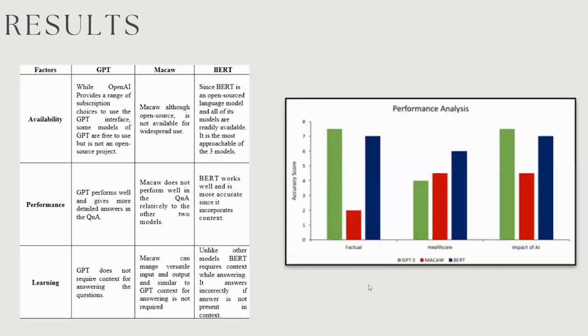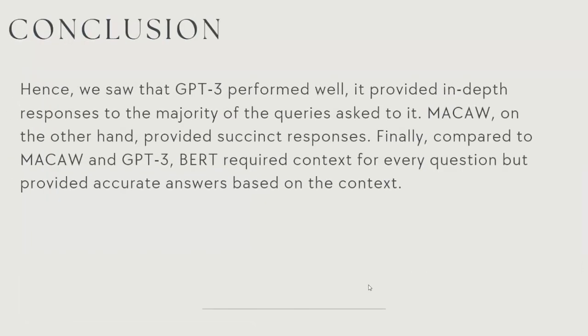Macaw is not performing that well on factual questions. Going to healthcare, we can see that Macaw is actually performing better than the GPT-3 model. And for impact of AI, where we have provided context to all of the models, GPT-3 is performing well, followed by BERT and then by Macaw.